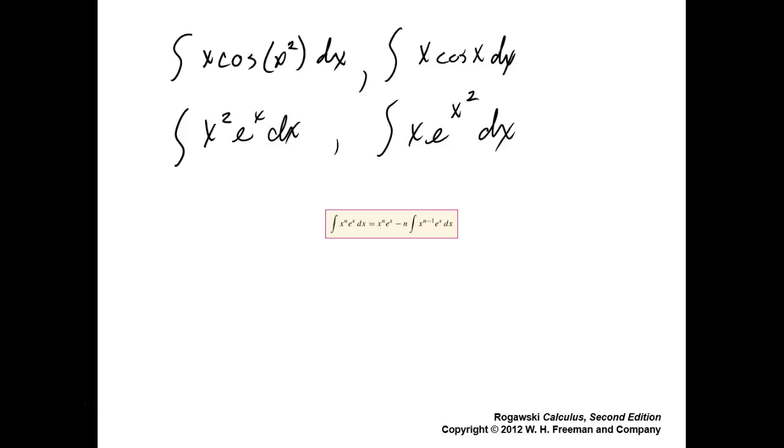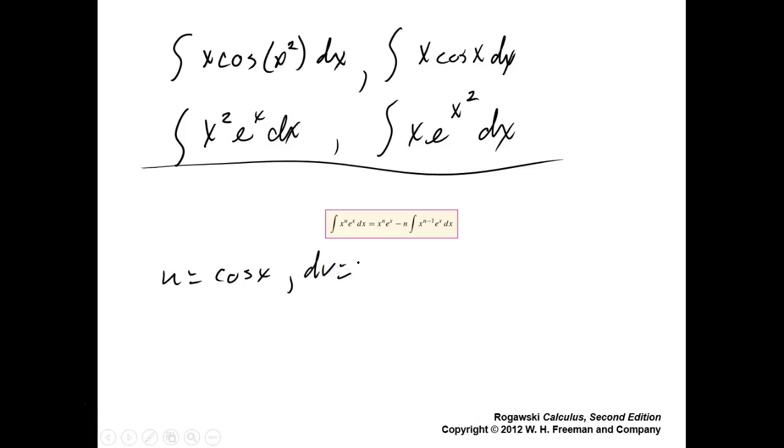All right, let's look at number 3. Why is u equal to cosine x, dv equal to x dx, a poor choice for evaluating the integral of x cosine x dx?